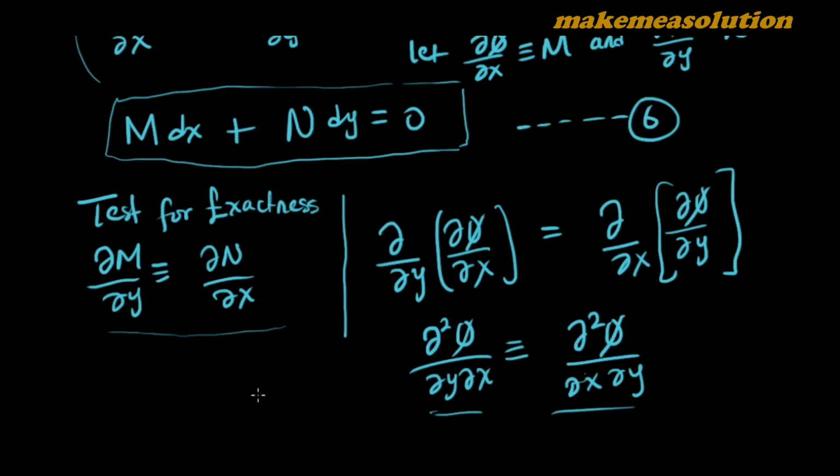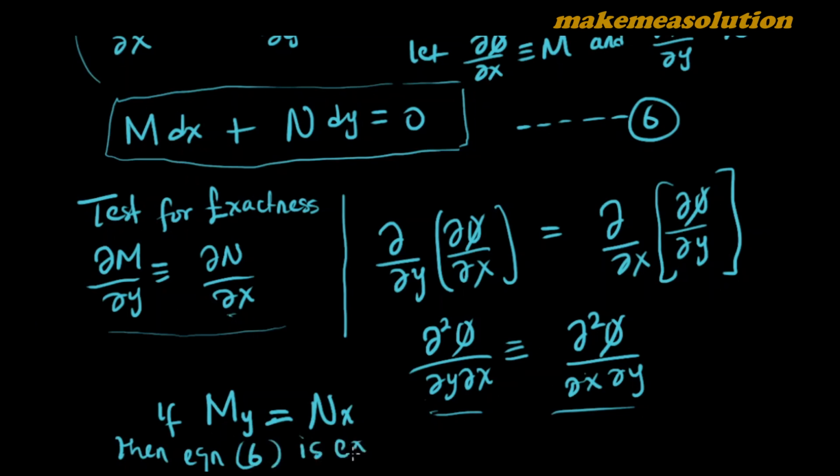So the whole summary is this: M_y is just the partial derivative of M with respect to y. This is a short form of writing it. If M_y is equal to N_x, where N_x is the partial derivative of N with respect to x, then equation 6 is exact.